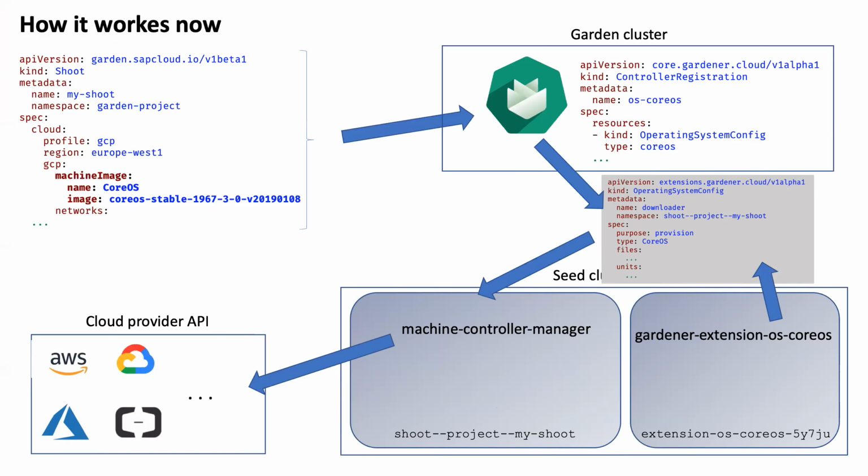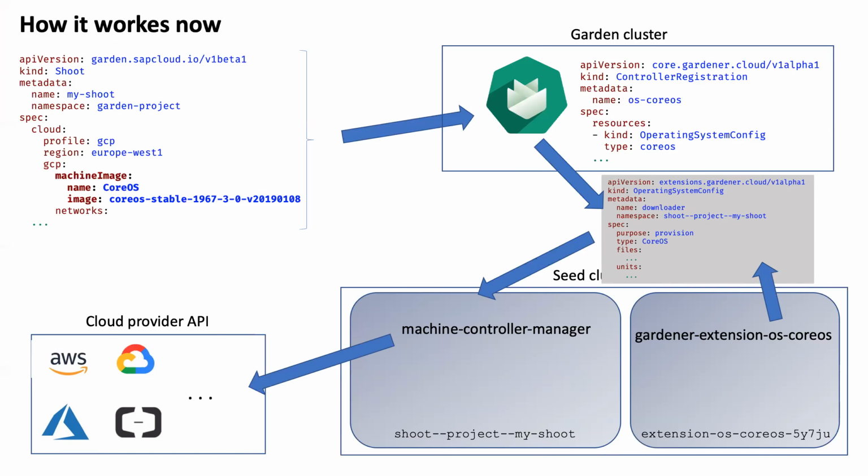So the worker pool controller will deploy the machine controller, and Gardener will just pass the operating system information to the worker pool controller, which can then do whatever is necessary in order to create the machine, which is more or less the same process as today, passing it to MCM. Okay, understood.